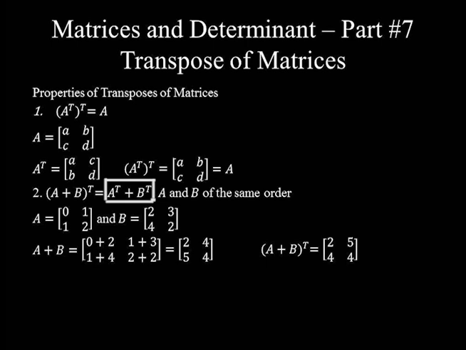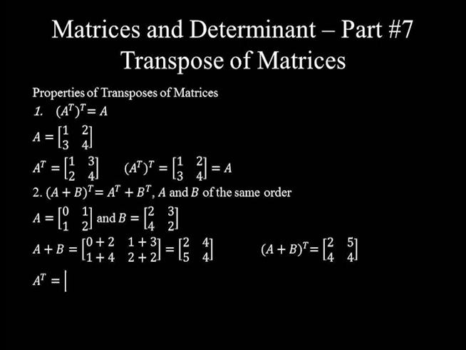Let's solve for the right-hand side. For this calculation, let's determine B transpose and A transpose. A transpose equals [0, 1; 1, 2]. It's the same as matrix A because it's a symmetric matrix. B transpose equals: row 1 of matrix B becomes column 1 of B transpose, and row 2 of matrix B becomes column 2 of B transpose.